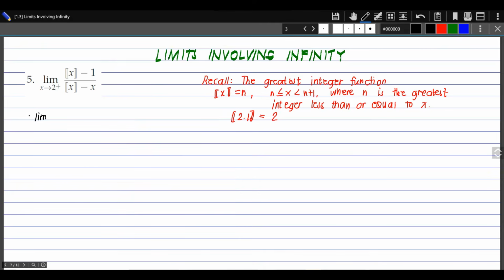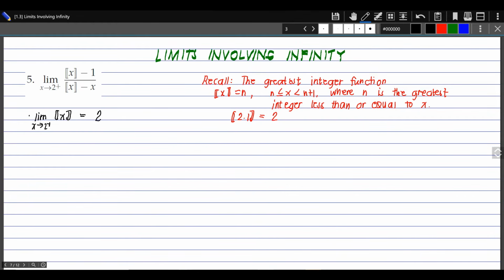So we know that the limit of the greatest integer function of x as x goes to 2 from the right is just equal to 2. Let's evaluate the limits of the numerator and denominator separately.